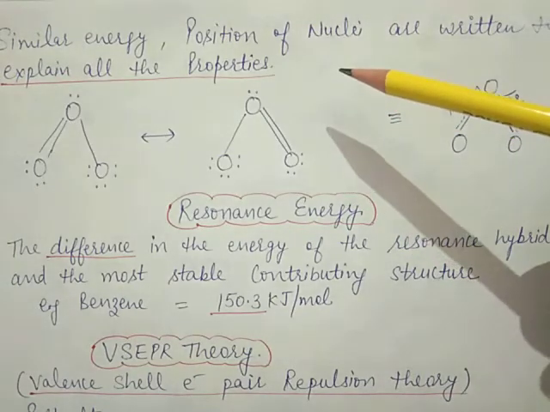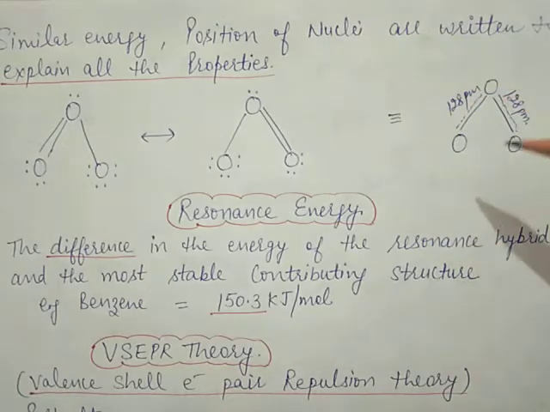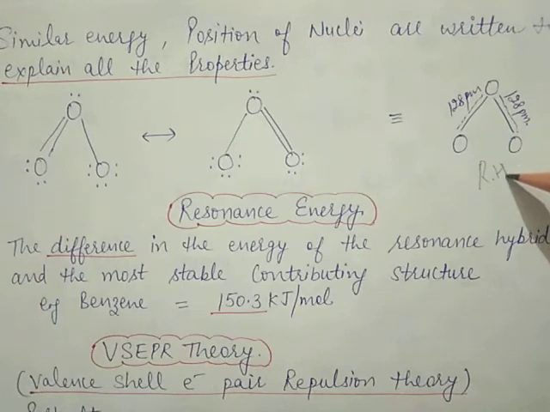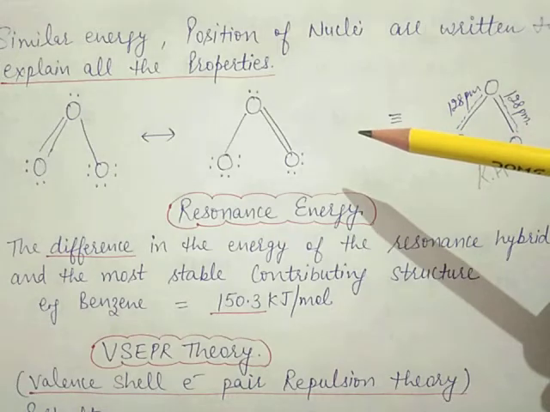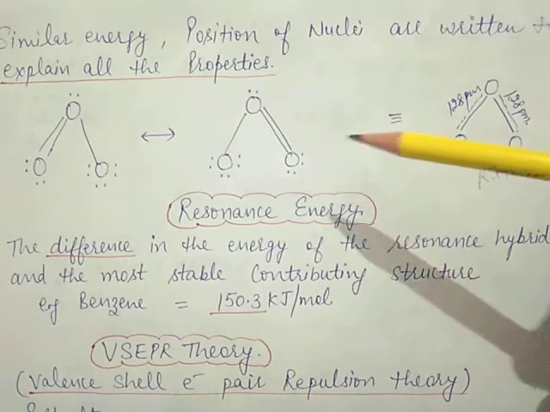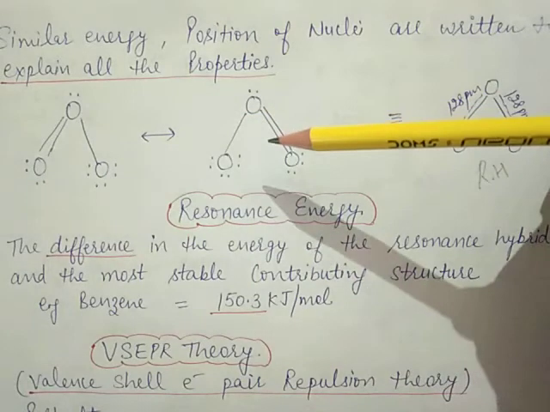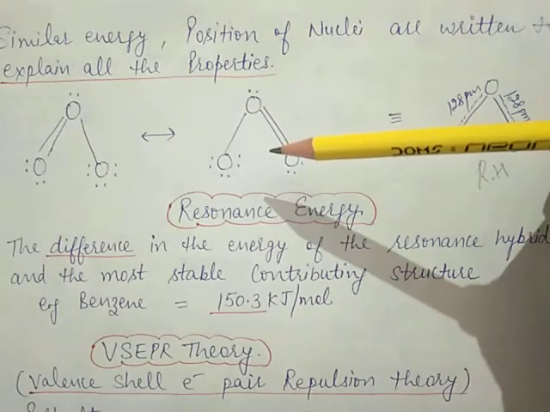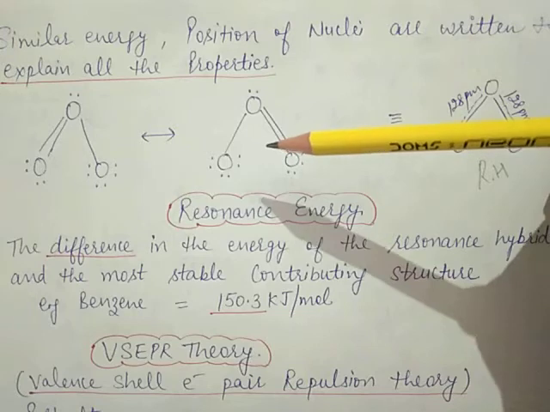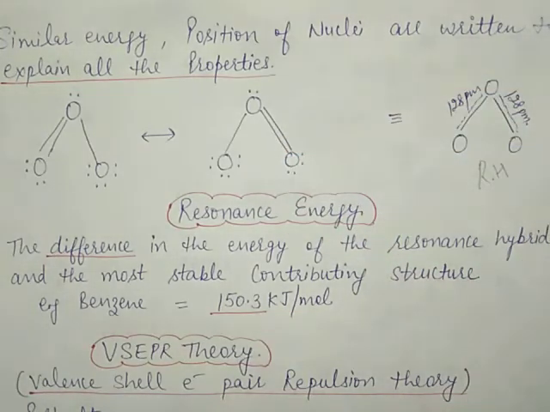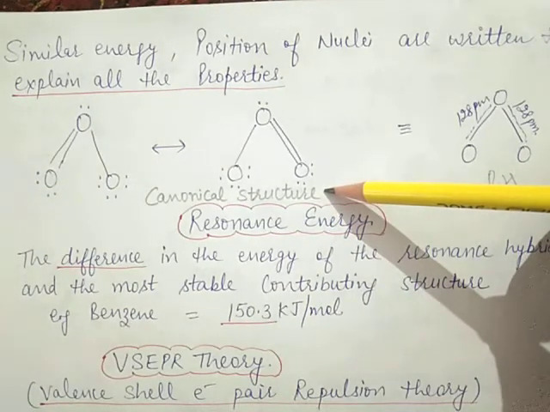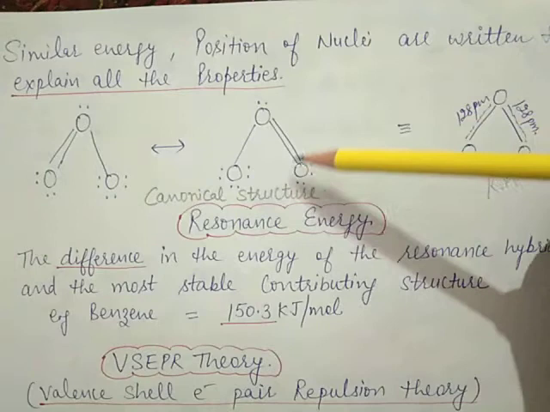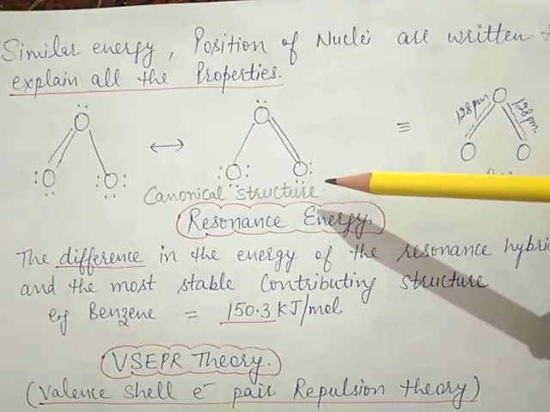So the actual structure is in between all these contributing structures. This is called the resonance hybrid structure, RH. The different individual structures are called resonating structures, or canonical structures. The overall phenomenon is called resonance.